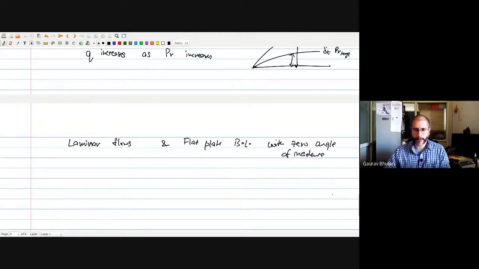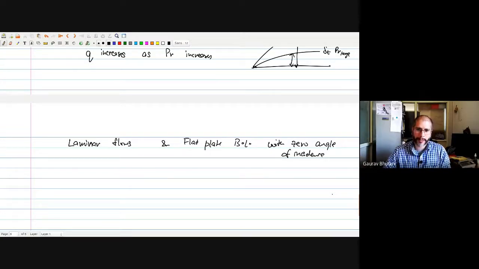So we developed the equations, and we showed some non-dimensional analysis. Some similarity parameters were shown, Reynolds number and Prandtl number, and we showed the functional dependence of the Nusselt number on these parameters. Then for this situation of a flat plate boundary layer with laminar flows, we actually solved the equations. We didn't completely solve it, but I showed you the integral that we get, which was solved numerically by Pohlhausen, and then we showed you an empirical relation which matches that numerical solution.